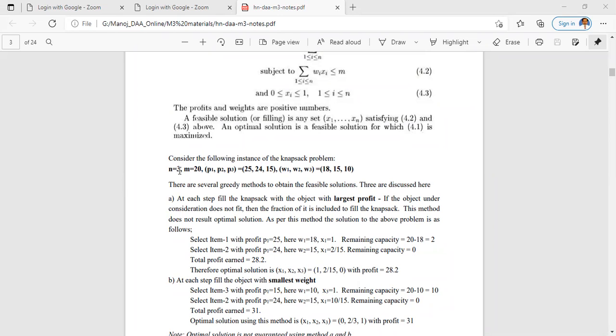Consider the instance of the knapsack problem. How many items, what is the capacity, how many profits, how many weights, everything is given here. The number of items is 3, and what is M?